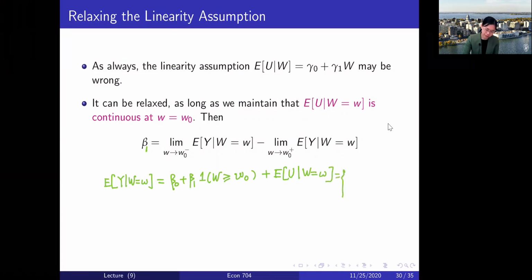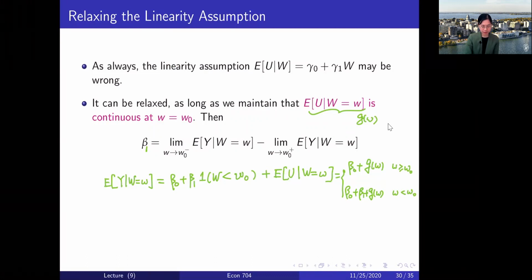And that equals, let's say this is G of w, beta 0 plus G of w for W less than W0, and equals beta 0 plus beta 1 plus G of w for W greater than or equal to W0.